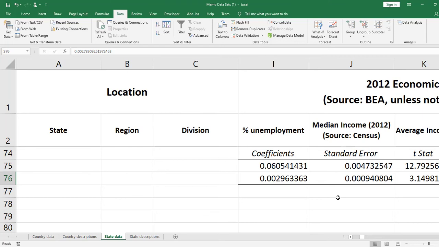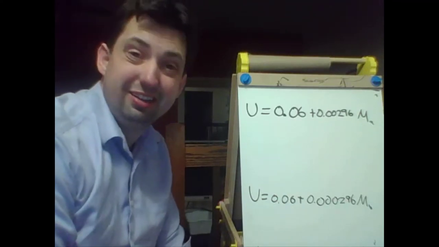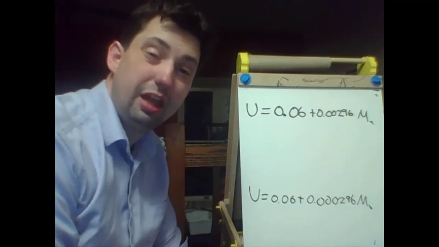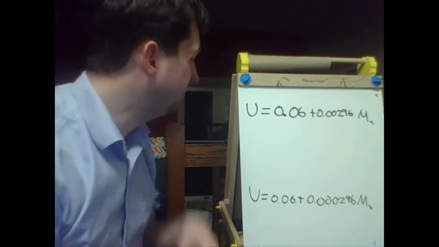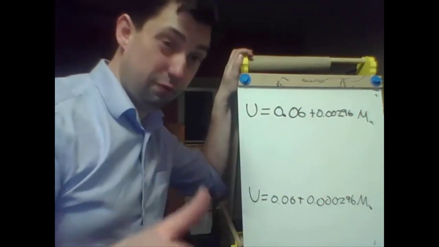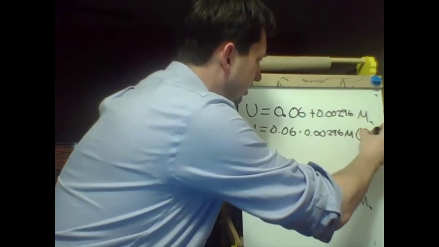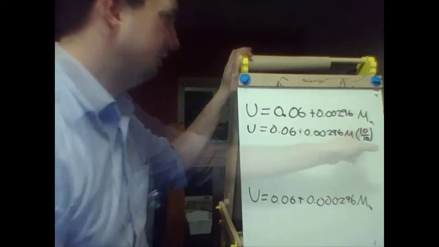And we can show this mathematically. What is the number that you can always multiply anything by and get the same result? That's right, 1. And we can express that 1 however we want. Let's express it as 10 over 10.